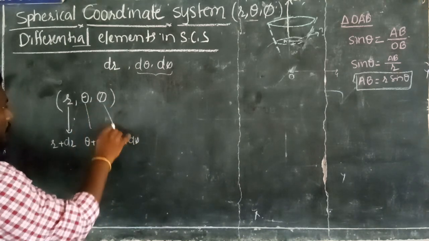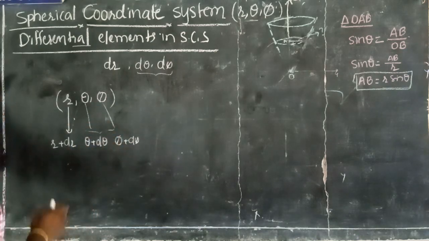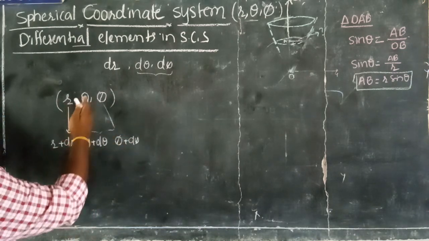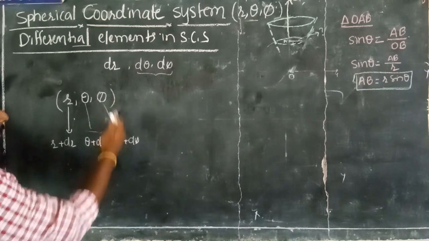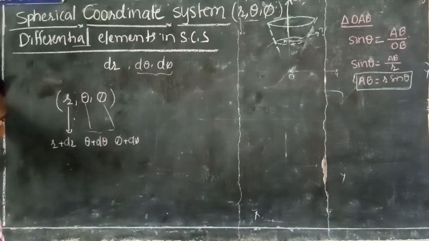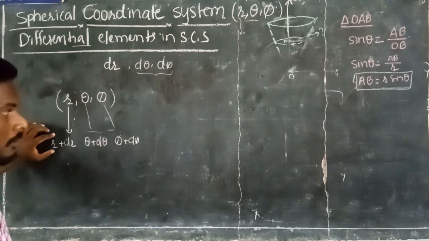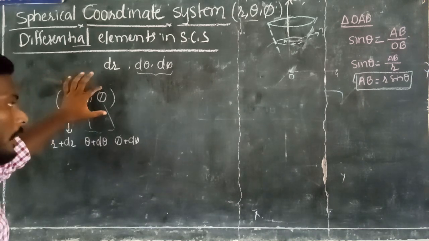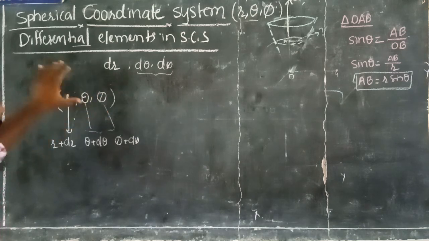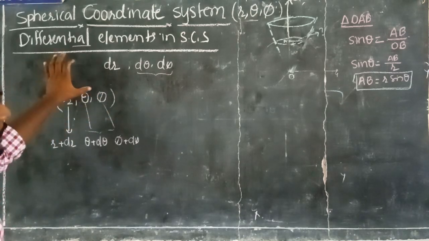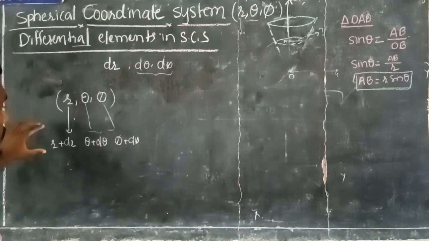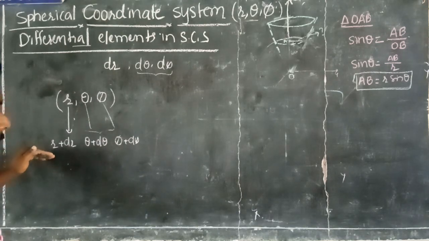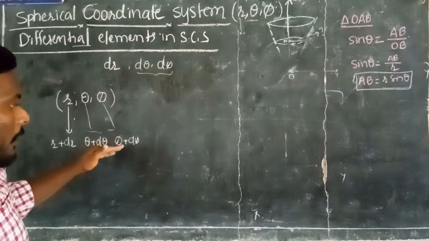So a new coordinate system is going to be developed here: a coordinate system which initially has r, theta, phi units, and as we increase the coordinate lengths by very small differential amounts, it becomes r plus dr, theta plus d theta, phi plus d phi.